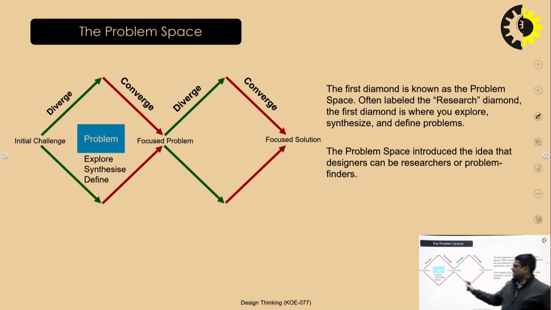So, the first diamond is the problem space, and the other diamond is the solution space, right? When we are in the first diamond, we are always trying to get one particular problem. In the empathizing process, when we are doing it in real time, we may be targeting a particular user group, and when we talk to those users, we may be using different kinds of tools.